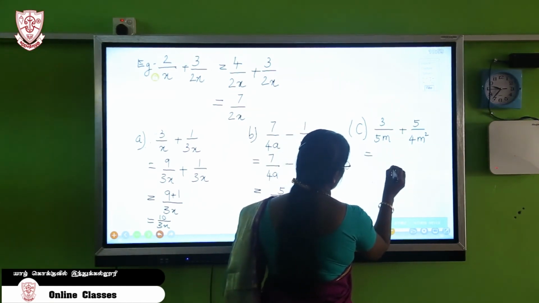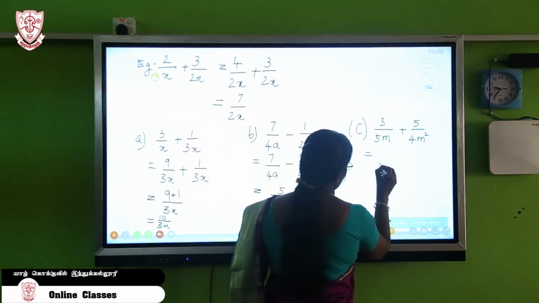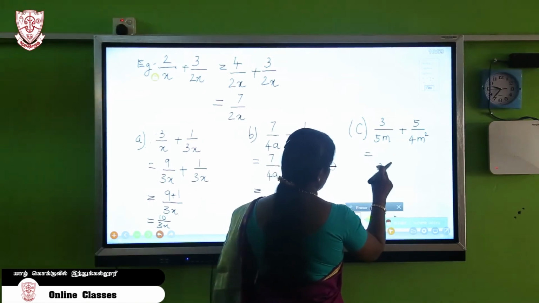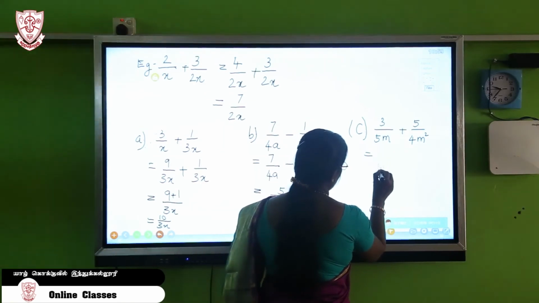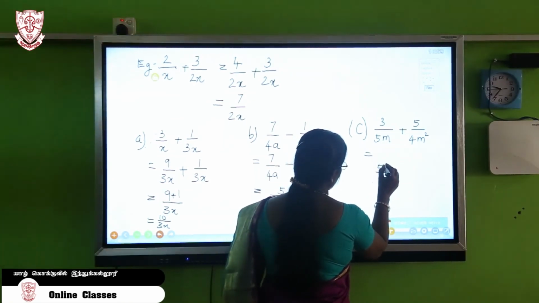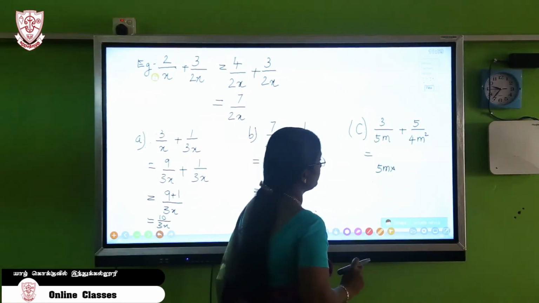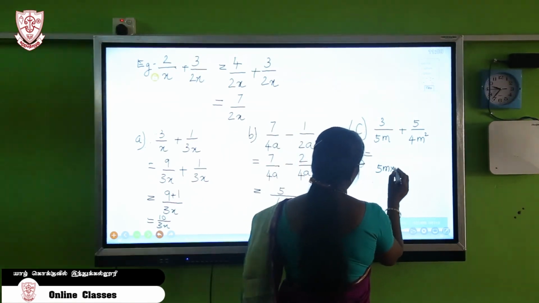So multiply the 5n by 4n to equate the denominator and get 20n square.